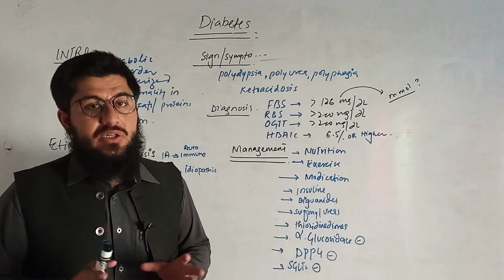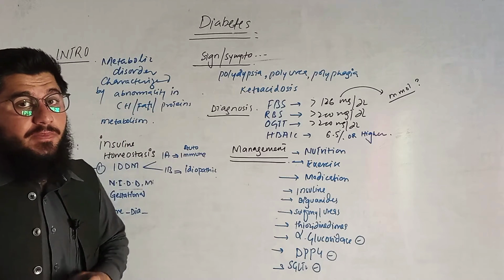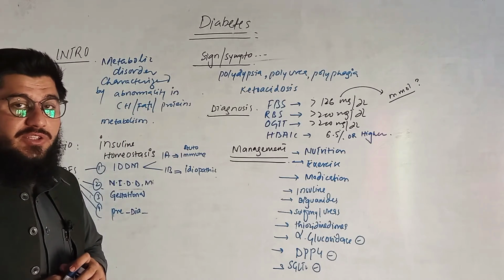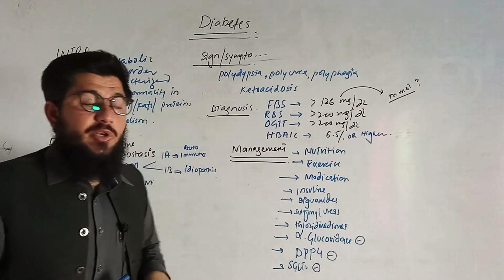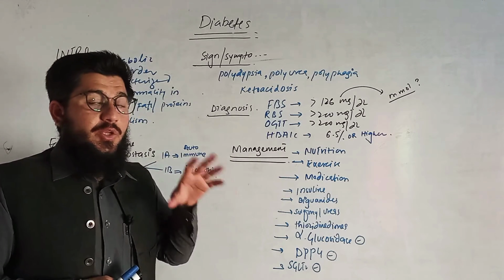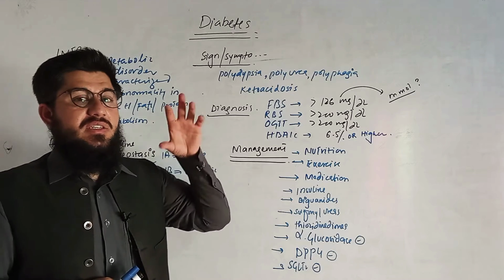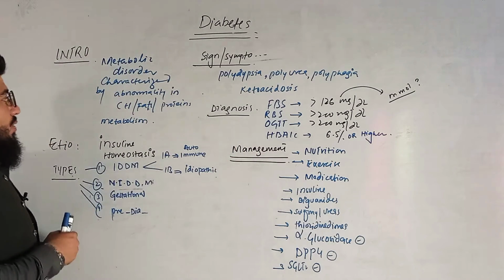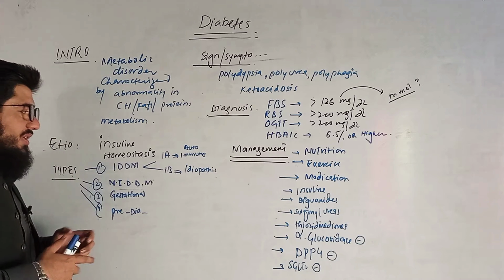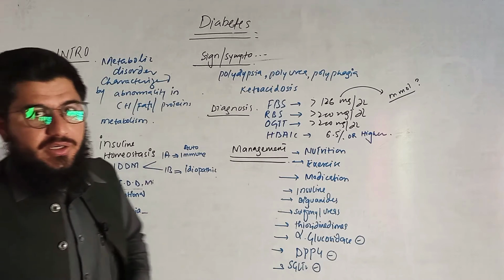Simple. It is a metabolic disorder. This is the definition of diabetes. If someone asks you what is the definition of diabetes, very simple: it is a metabolic disorder in which the carbohydrate, protein, and fat metabolism is disturbed. Now, another is etiology, and one can say pathophysiology in short, in brief.